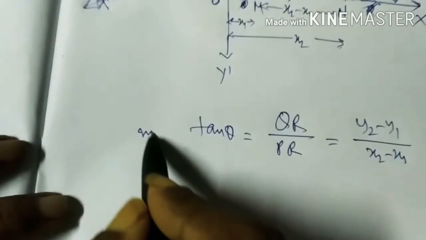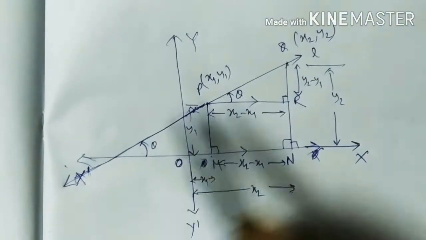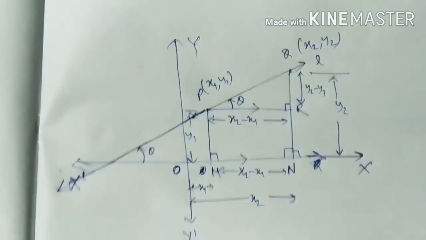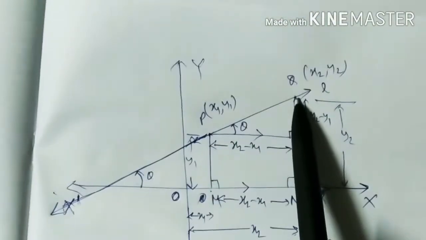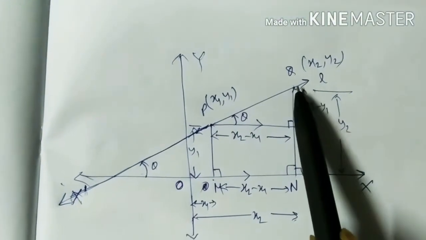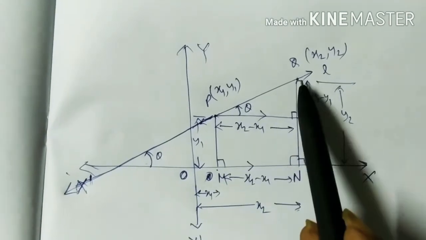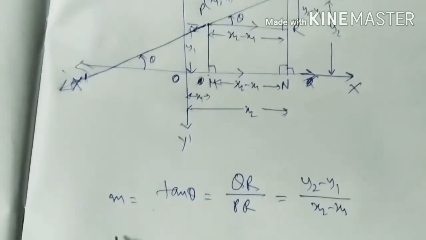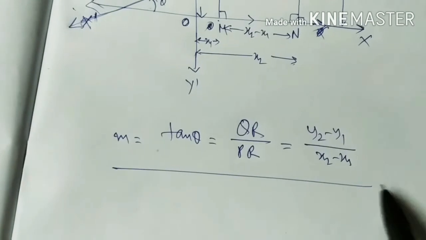So this is the slope of this line L, or you can say the gradient of this line L. We can find out the gradient of a line when it passes through two given points. This is your formula.